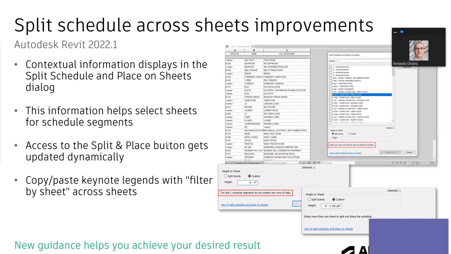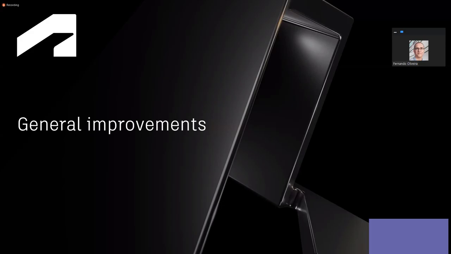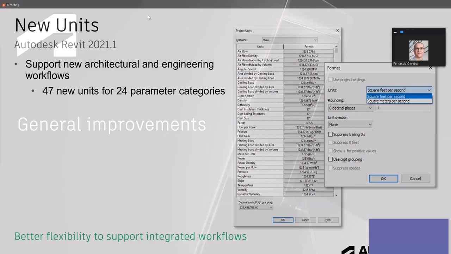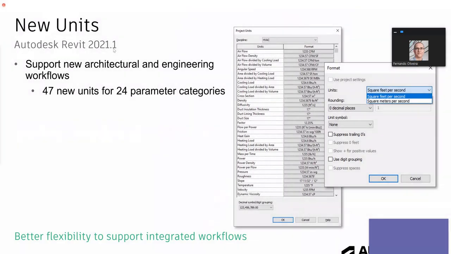And now we're going to see a lot of general improvements that were done in 2022 and other versions. I always mention the versions here. So for instance, in 2021, we brought 47 new units and 24 new parameter categories. In terms of units, sometimes it's not very clear why they are here because we are not used to them.